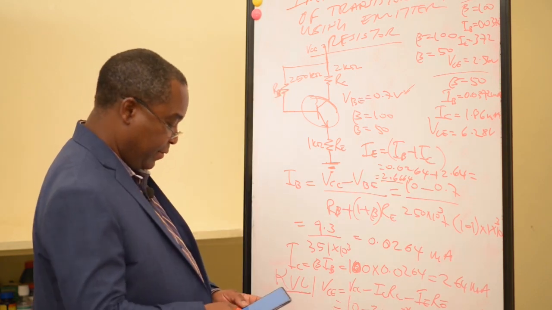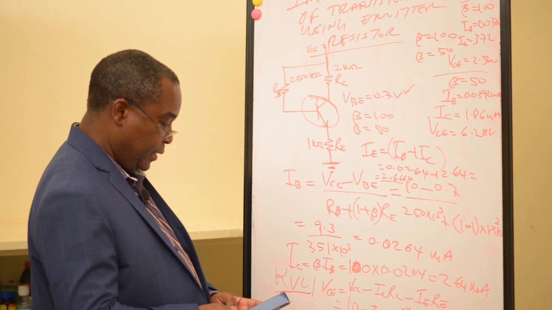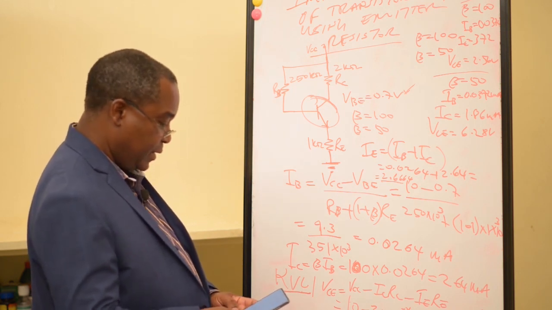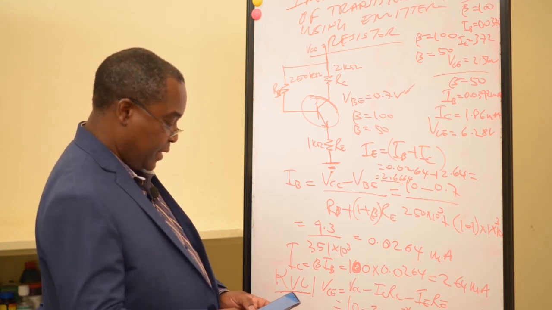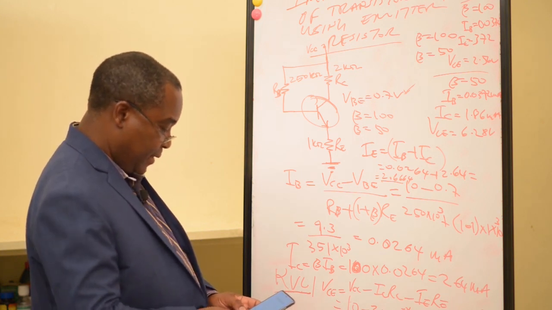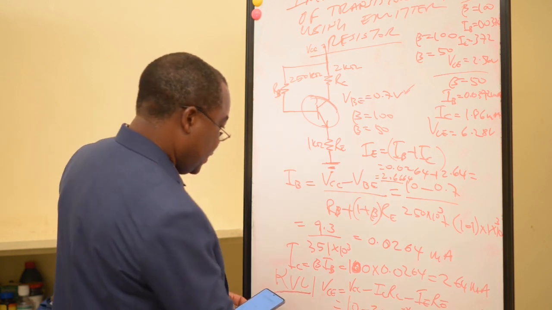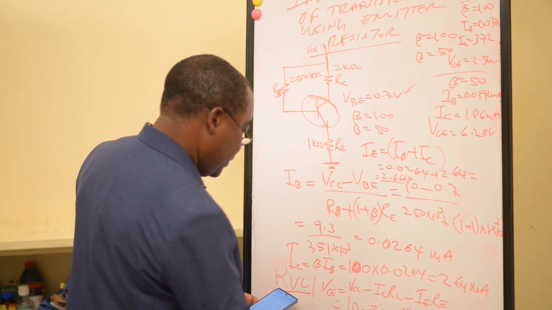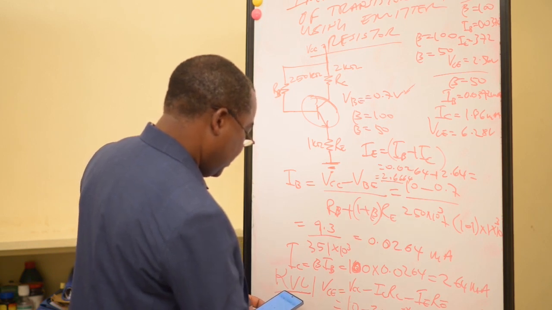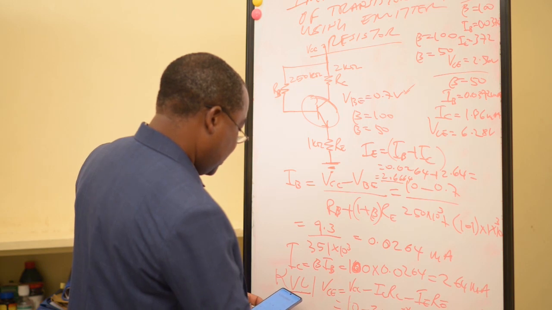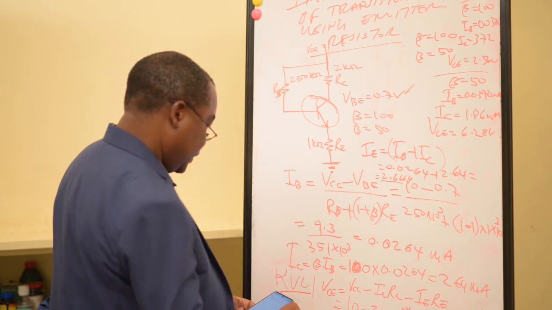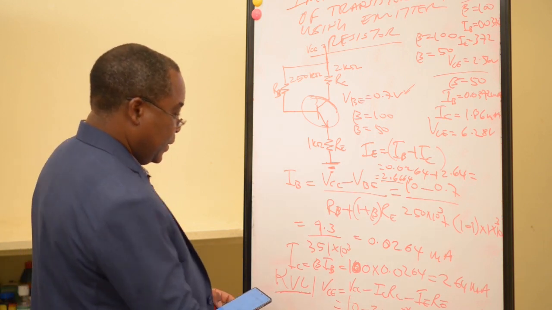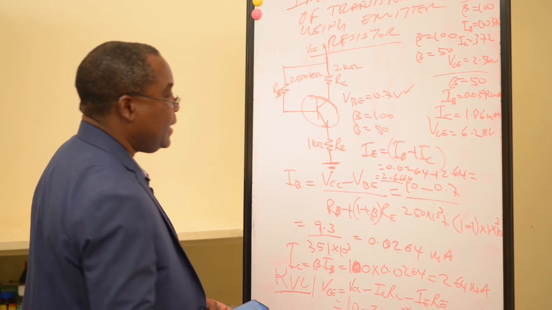So we take 5.28 plus 2.6664 and then we minus that from 10, we have our VCE, which is 2.054 volts. This is our VCE here.